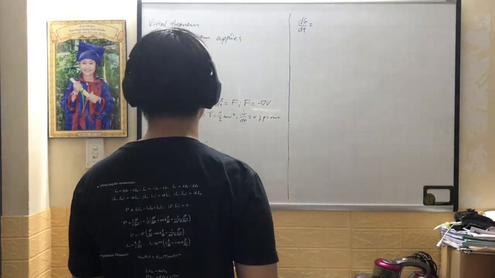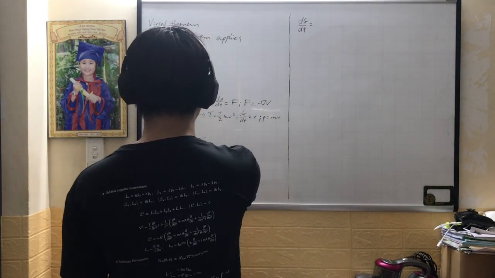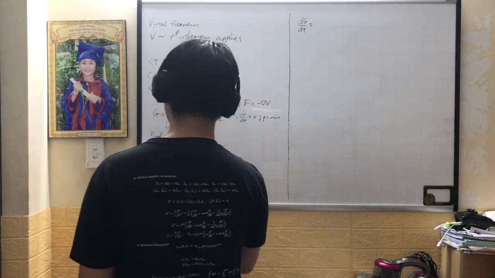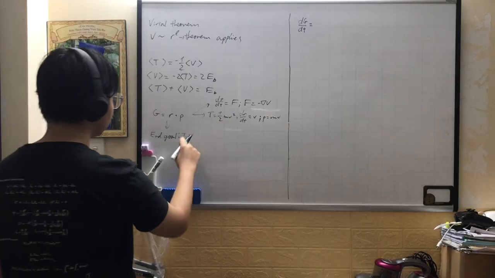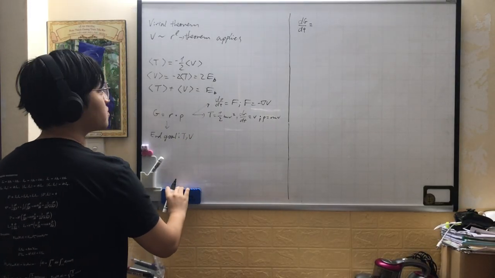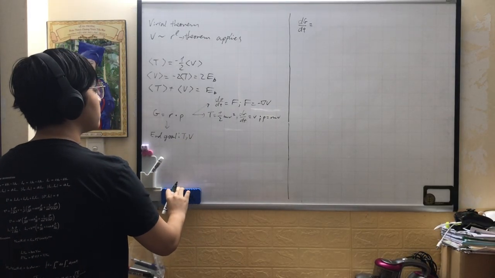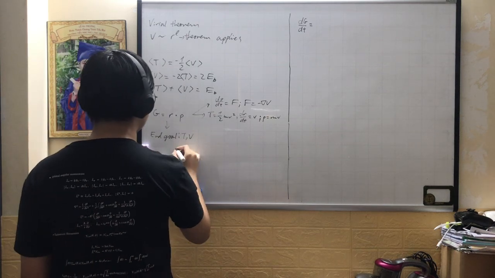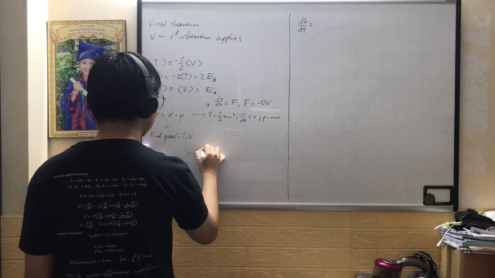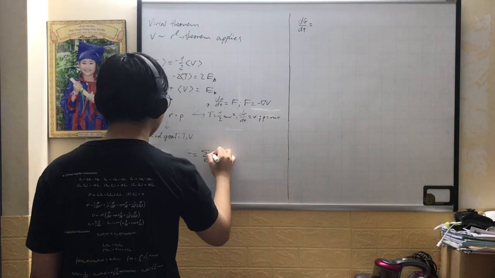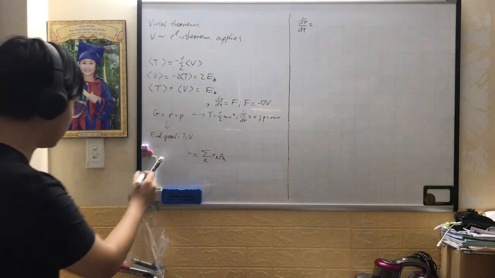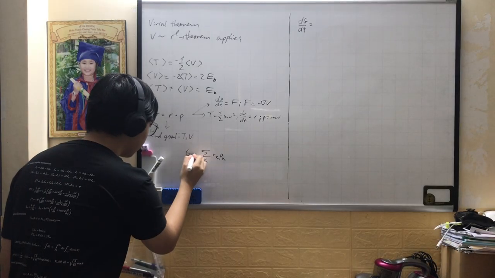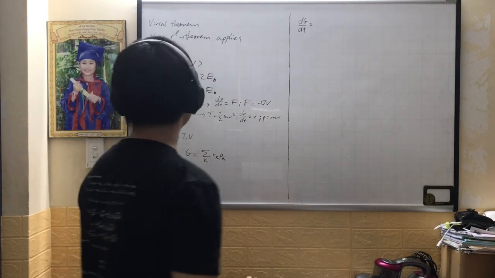First I would like to put G in series form. Let's say that G is equal to the sum over k of r_k p_k. We're going to use this instead of the dot product.